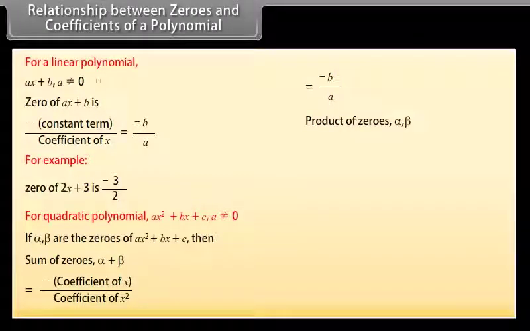Product of zeros, alpha beta, is equal to constant term upon coefficient of x square, which is equal to c upon a. For example, if alpha, beta are the zeros of 2x square plus 3x plus 2, then alpha plus beta is equal to minus 3 upon 2, alpha beta is equal to 2 upon 2, which equals 1.